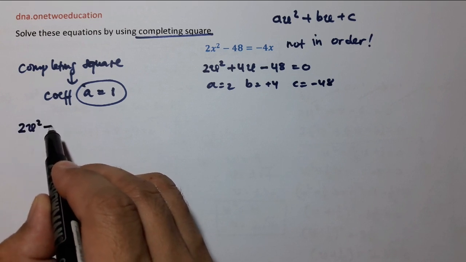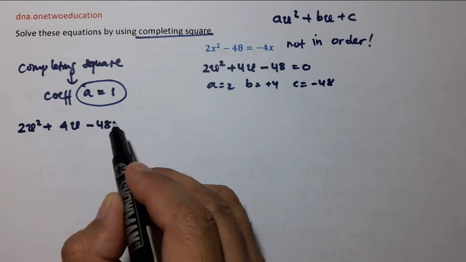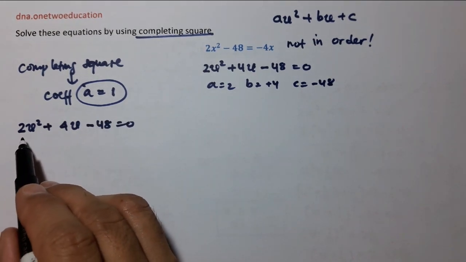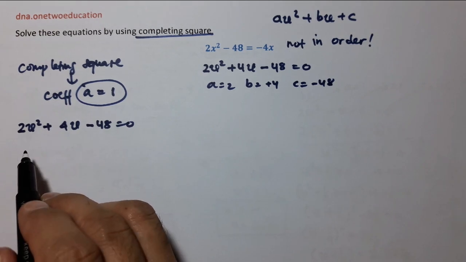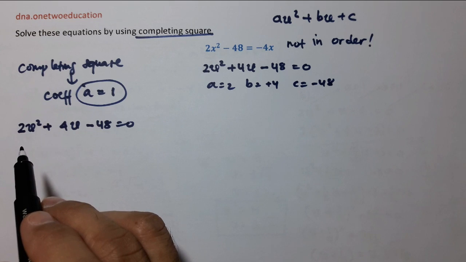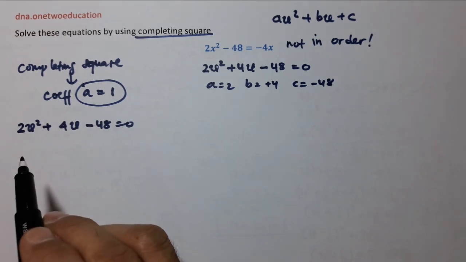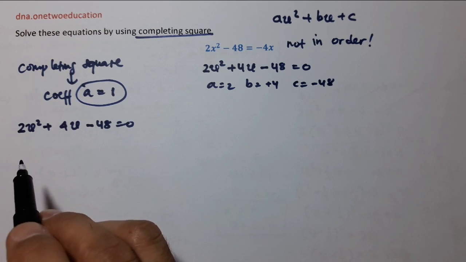Okay, students, 2x squared plus 4x minus 48 equals 0, right? How to modify this one, to change the coefficient of x squared to 1? That's right, distribution. As I mentioned before, please use the distribution.